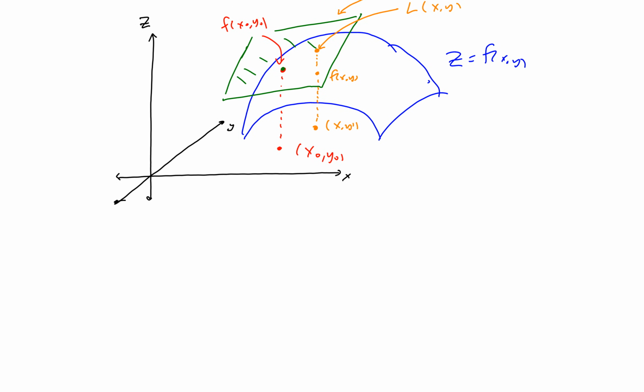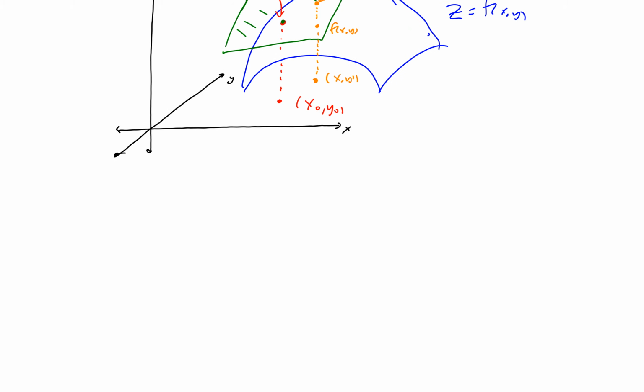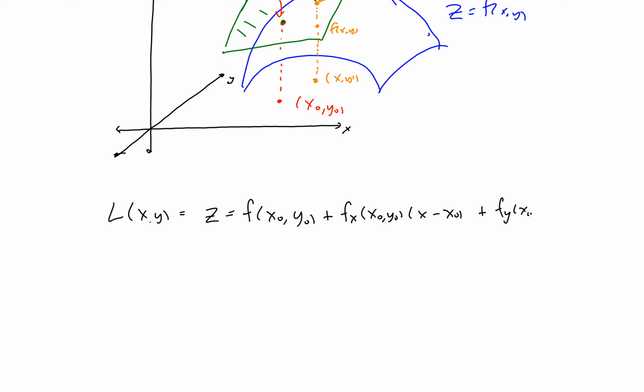And so what we saw in that flipped class video is our tangent plane here, which we could write as L of x y, or if we want to just write it as z again, this is f of x0, y0 plus the partial derivative of f with respect to x at x0, y0, times x minus x0, plus the partial derivative with respect to y at x0, y0, times y minus y0.